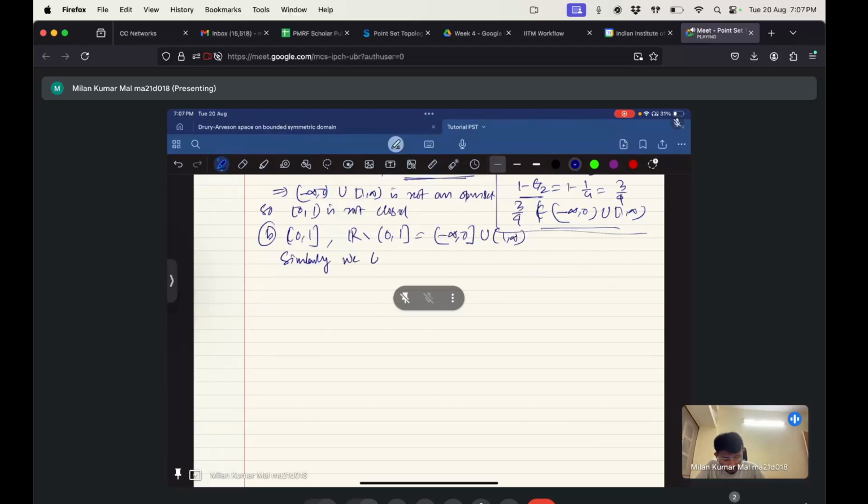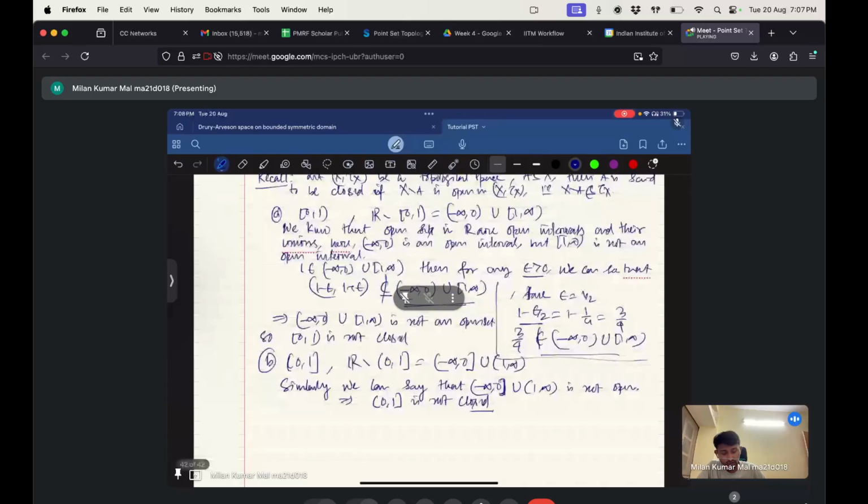Similarly, we can say that (minus infinity, 0] union [1, infinity) is not open. That means [0, 1] is not closed. So this is not closed, and this is not closed.